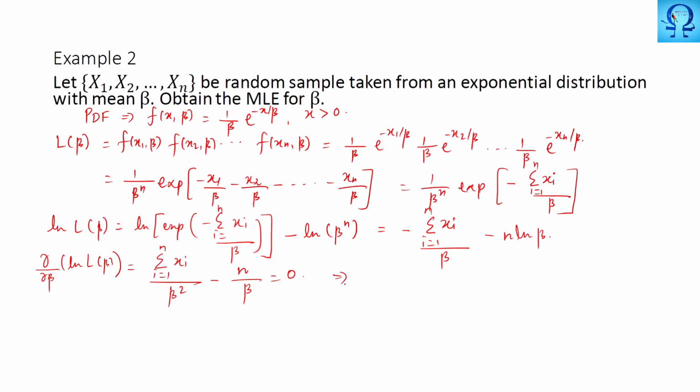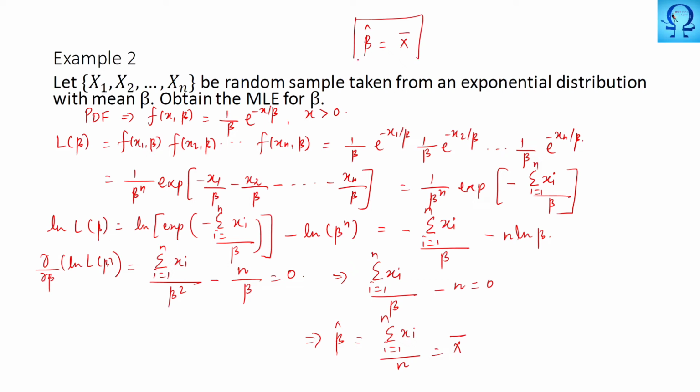So this further reduces to summation i runs from 1 to n xi upon beta minus n is 0. So from this we can very well deduce this beta hat is summation i runs from 1 to n xi upon n, which is again the sample mean. Here also our maximum likelihood estimator is the sample mean.